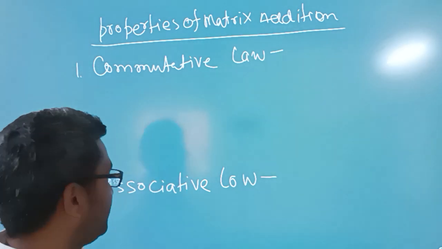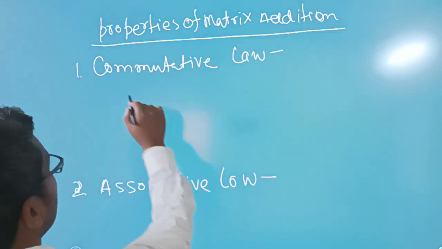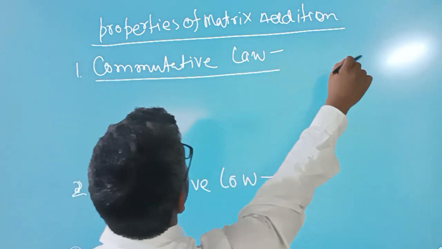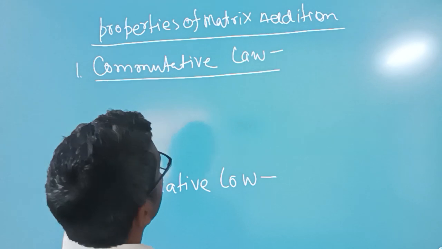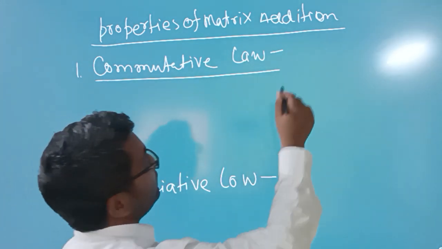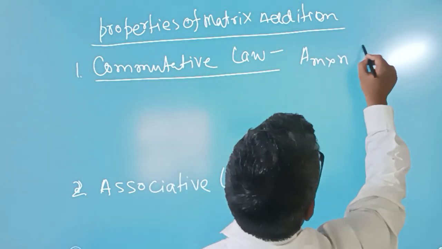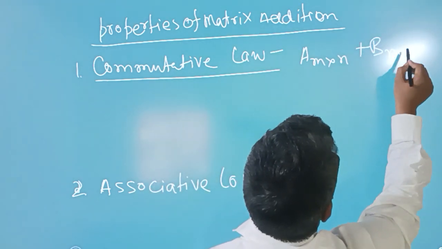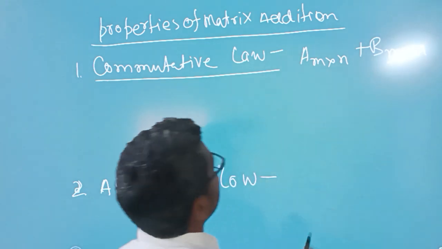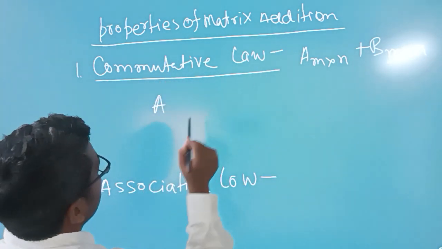Now the properties of matrices. What are the properties of matrix addition? The commutative law: for addition of any two matrices A of order M cross N and B of order M cross N, we can write it in simple form as the commutative law.